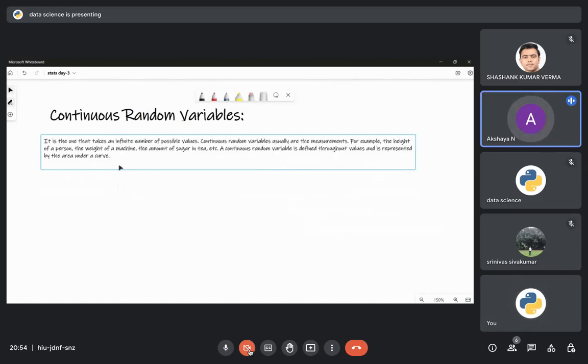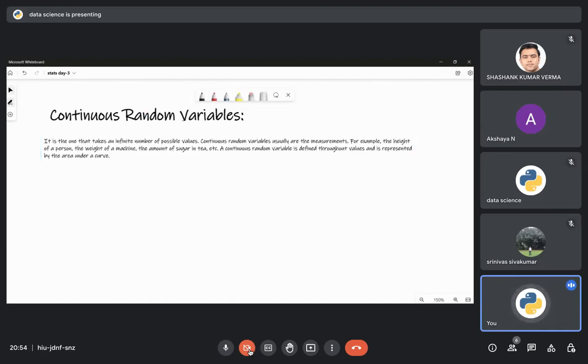The amount of wheat, the amount of sugar. Okay, this is a continuous random variable.